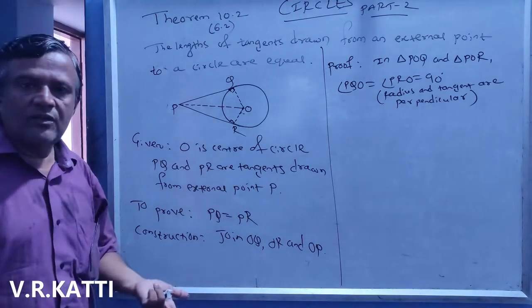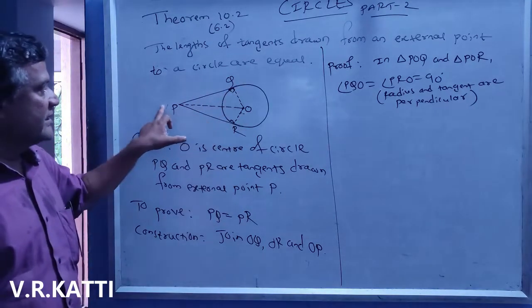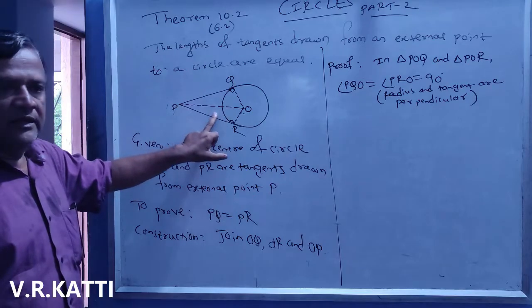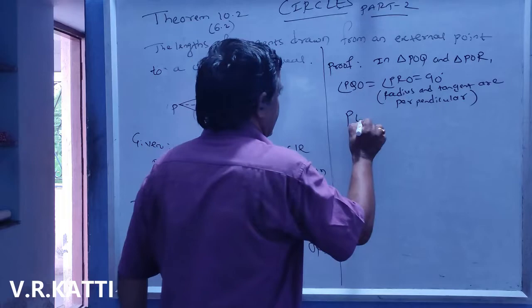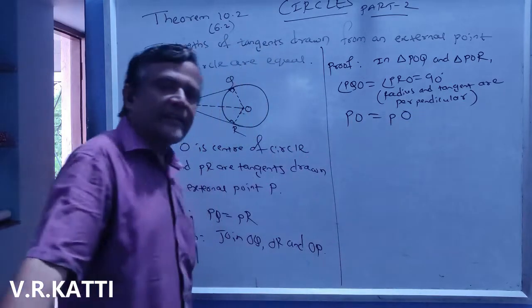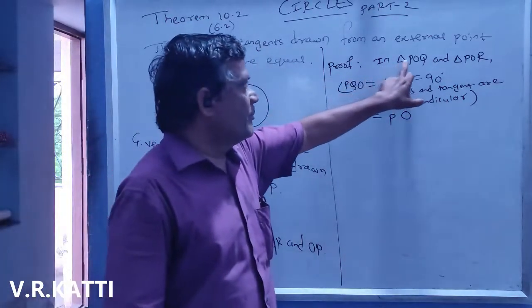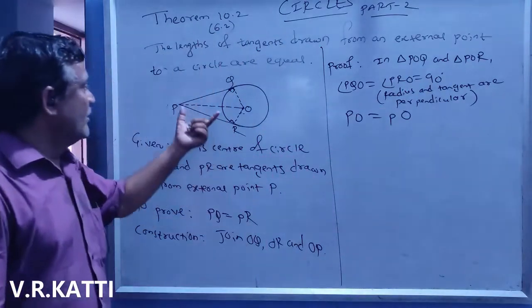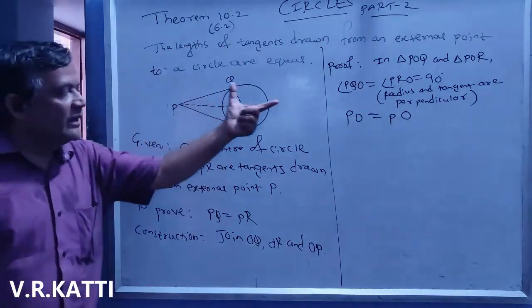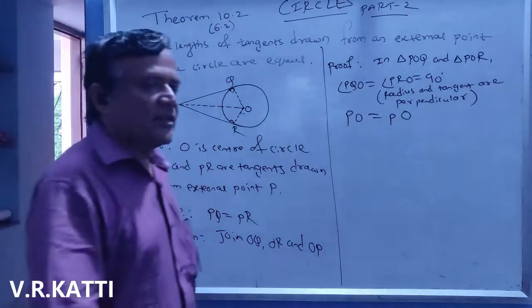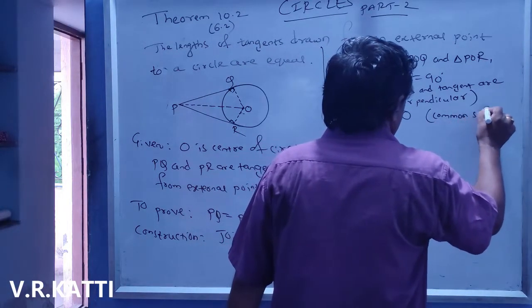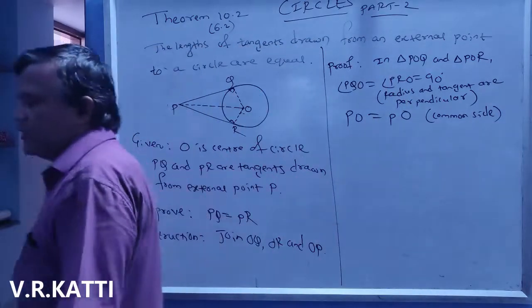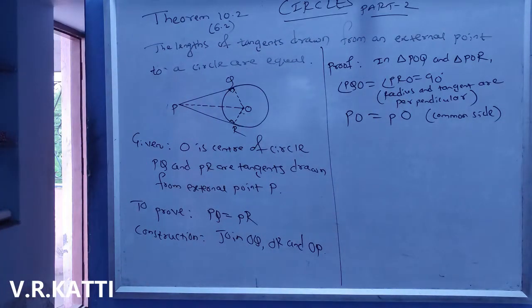In both triangles, PO equals PO. PO in the first triangle, PO in the second triangle. So it is a common side. PO equals PO, common side.